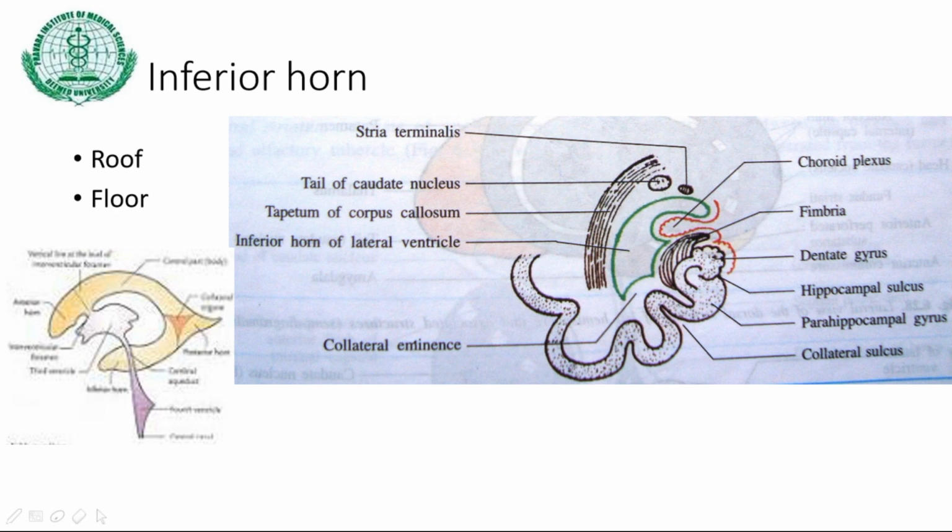Medially there is the tail of the caudate nucleus and the stria terminalis. While in the floor you have the collateral eminence, the hippocampus, the alveus which is lining the hippocampus, then it converges medially backwards to form the fimbria, and the choroid plexus is lying in the floor.